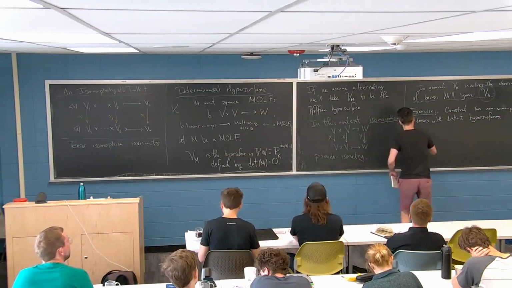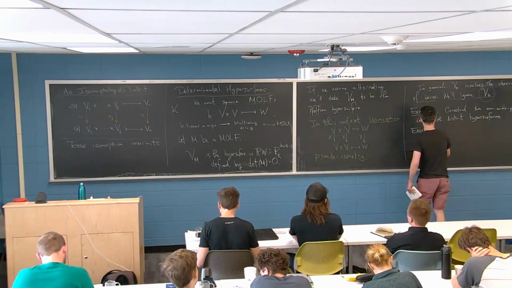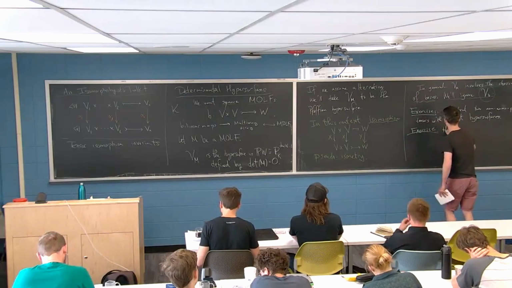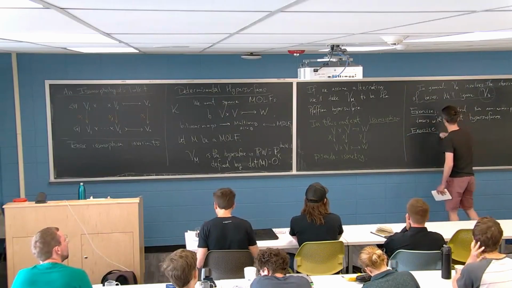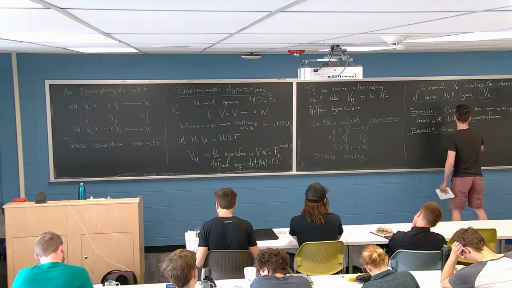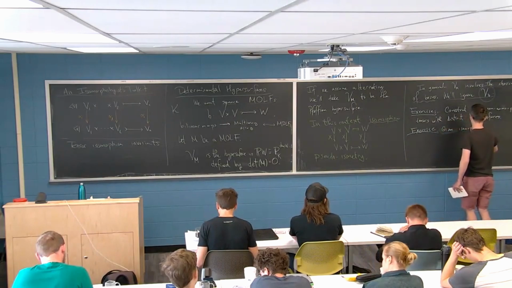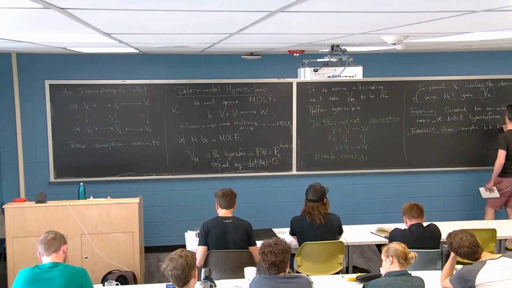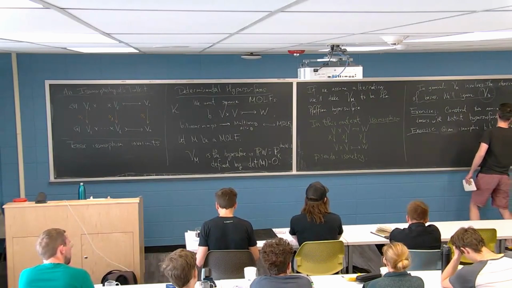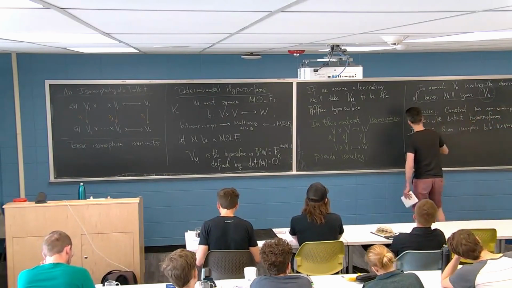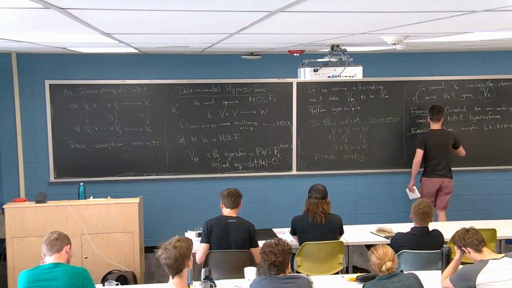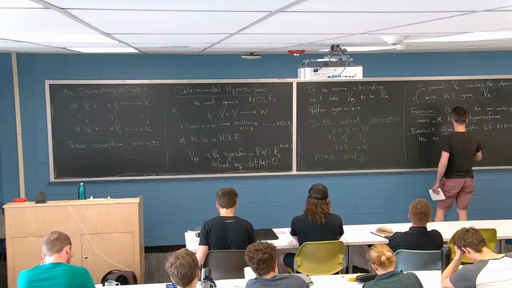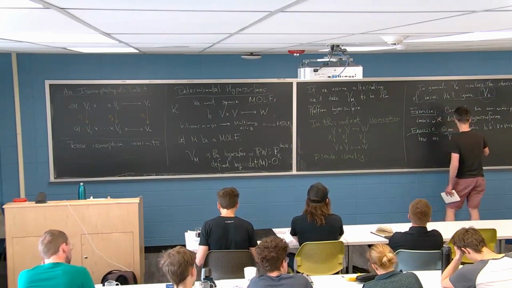The next exercise. Given isomorphic tensors B and B prime, going from V cross V into W, how are the two hypersurfaces related?